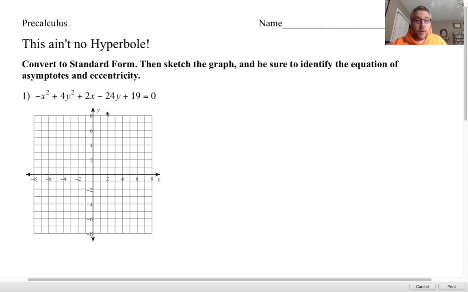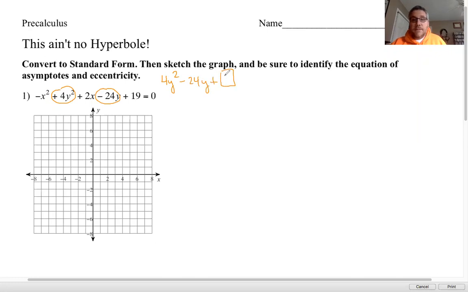We'll reorganize this as follows. We have positive 4y squared. Now, what else do we have that's y? We have this guy, minus 24y, plus, I'm going to put the empty box.